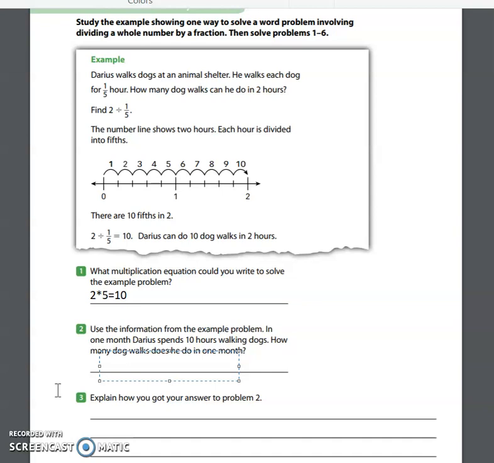Because we multiplied our 2 hours by 5 and got 10 hours, we would multiply 10 dogs by 5 and get 50 dogs walked. So for here, we would have 50. He has 50 dog walks he's able to do.